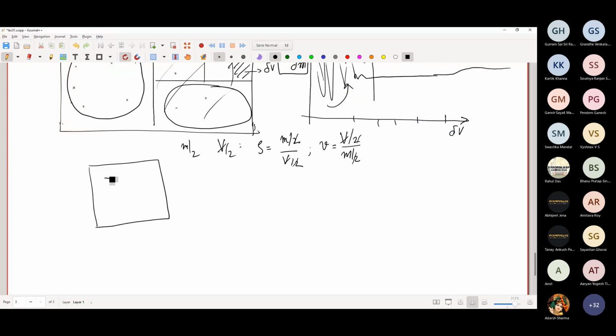Suppose the mean free path is only this much, meaning the molecule is going to collide with many other molecules before exiting this volume. Because the mean free path is very small, the neighboring molecules are close.